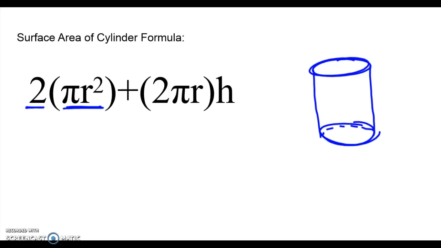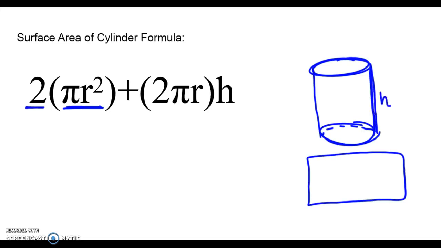Then the middle part, if we were to unwrap it, would actually be a rectangle, which would include the height of the figure. And this part is actually the circumference of one of the circles. So 2 times pi times r is the circumference, and then they multiply it by the height to get that middle piece together.